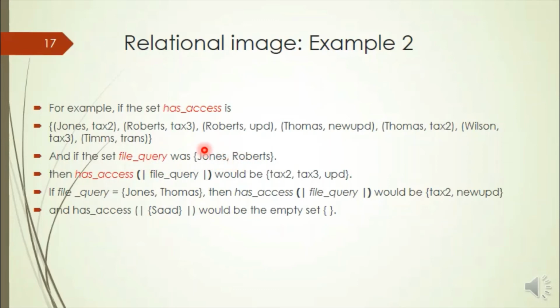The relational variable has access actually represents the names having access to files. For example, John has access to file text2, Robert has access to file text3, and so on.